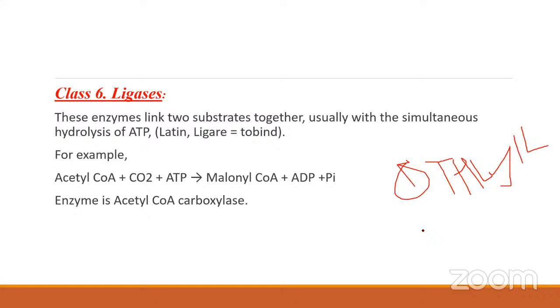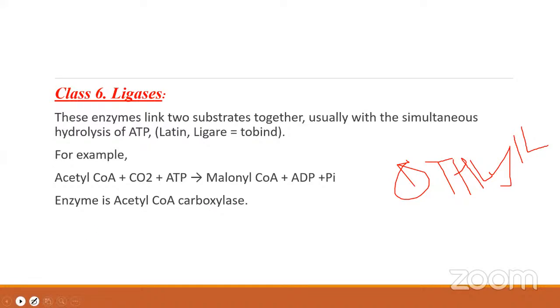So the IUPAC classification of enzymes is: class 1 is oxidoreductases, class 2 is transferases, class 3 is hydrolases, class 4 is lyases, class 5 is isomerases, and class 6 is ligases. You have to write in this order itself, then only you will get full marks, and you have to write an example.